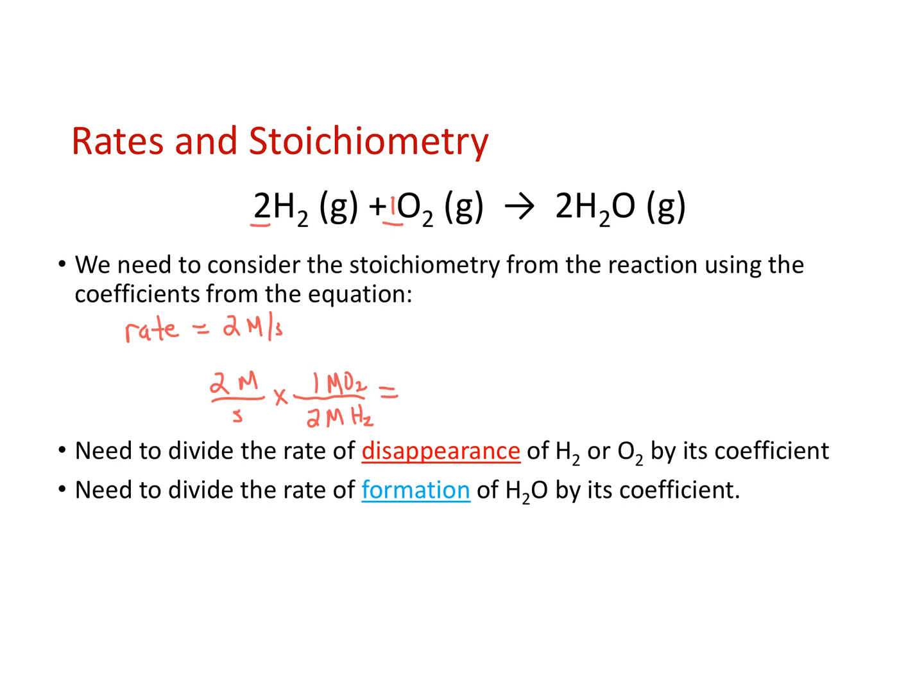So if hydrogen is disappearing at 2 molar per second, oxygen would be disappearing at half of that rate, at 1 molar per second. We're just using those coefficients from the balanced chemical equation to convert from the disappearance of hydrogen into the disappearance of oxygen, or the appearance of water in this case.